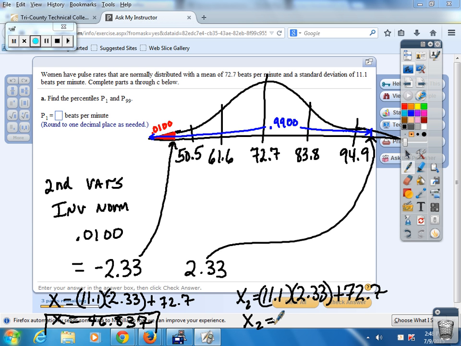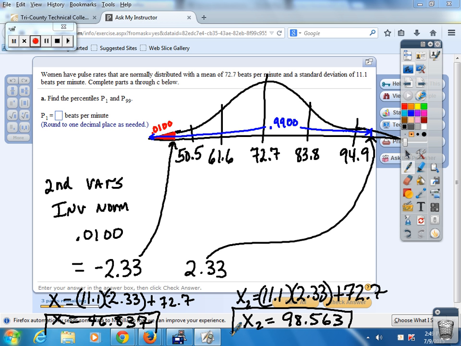That's all right, I'll wait. Say again? 98.5. And that's your two numbers. Y'all know how to use sigma z plus mu now, don't you?